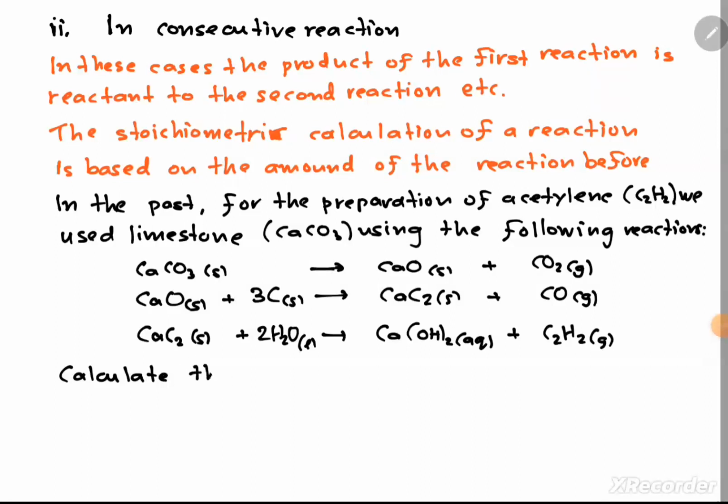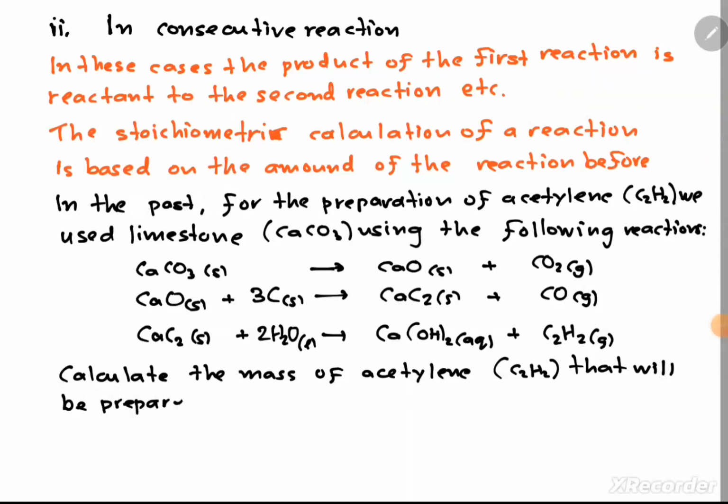Calculate the mass of acetylene that will be prepared if we use 4.0036 kilogram of limestone.